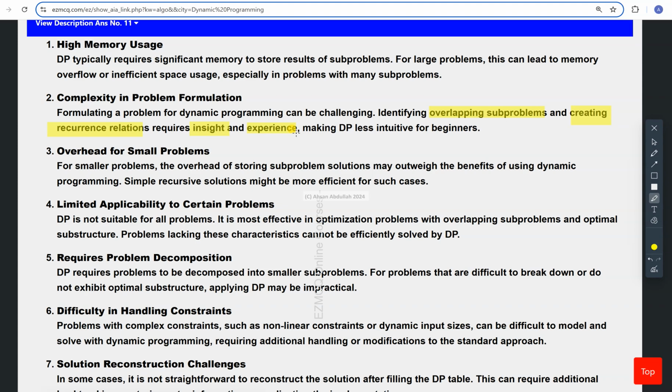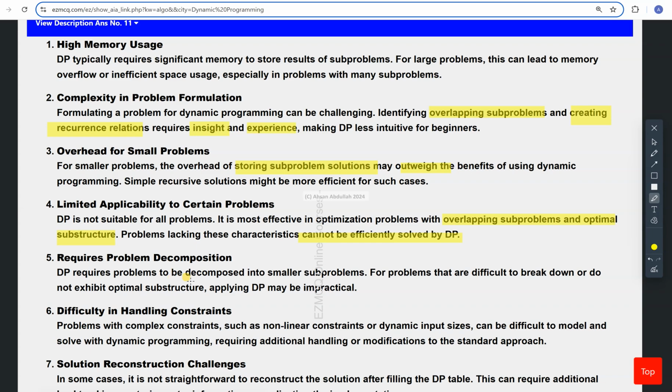For smaller problems, the overhead of storing the subproblem solutions may outweigh the benefits. So there's more overhead than benefit. For problems with overlapping subproblems and optimal substructure, it is suitable. But if this is lacking, the problem cannot be efficiently solved using dynamic programming.